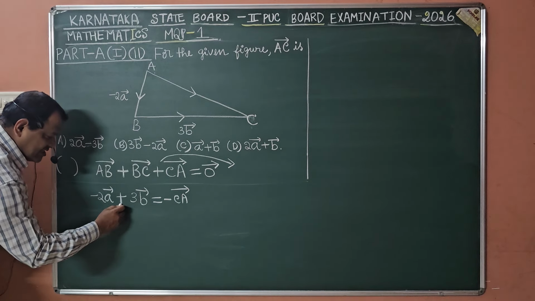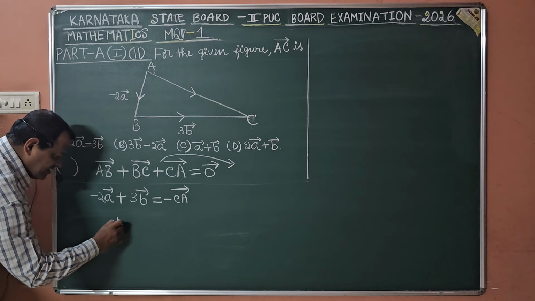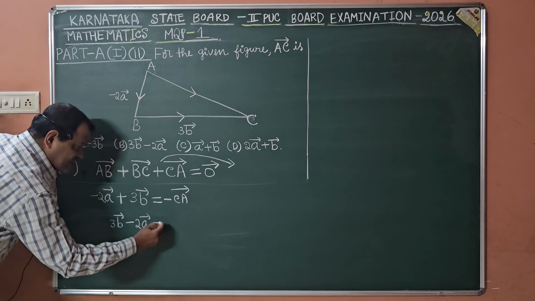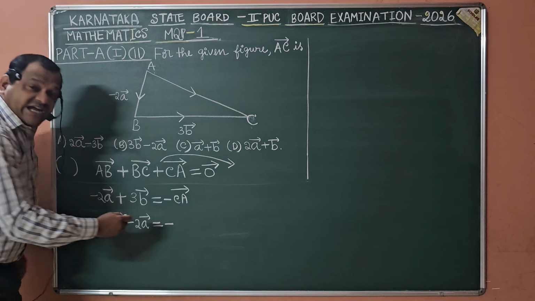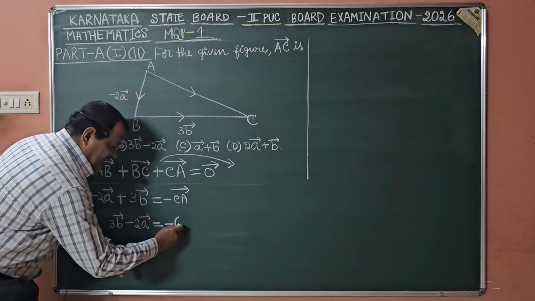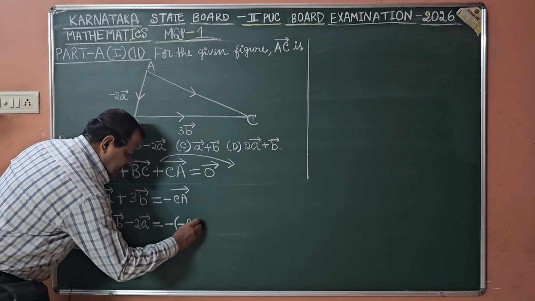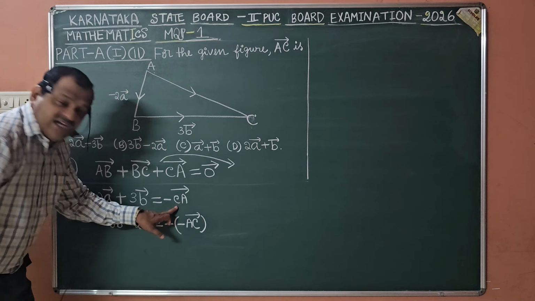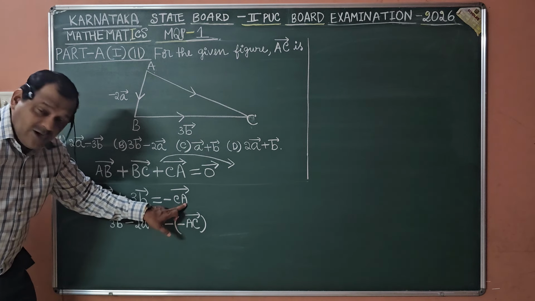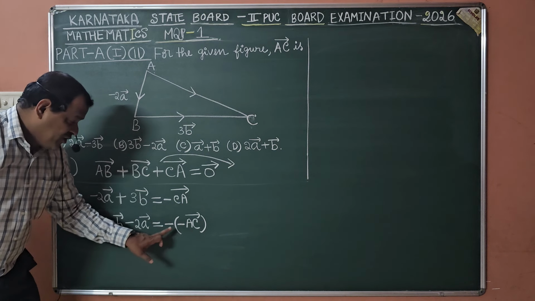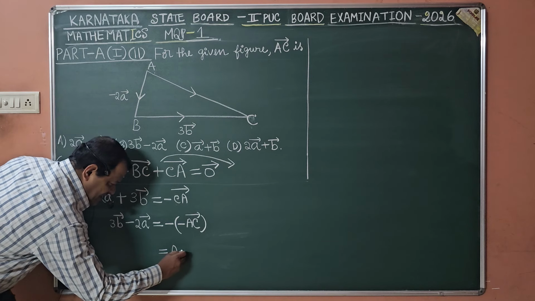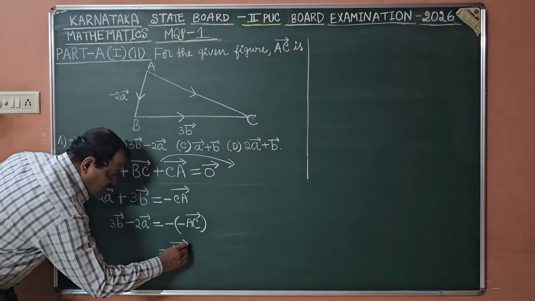Therefore, the left hand side is, I write plus 3B vector minus 2A vector, and you know this minus you can make it plus by writing CA vector as minus AC vector. CA vector, you interchange initial point C to terminal point C, terminal point A to initial point A. Therefore, it becomes minus AC vector, which is nothing but minus into minus plus AC vector.